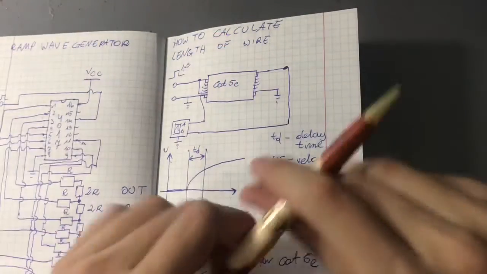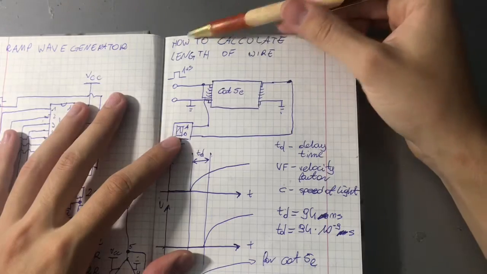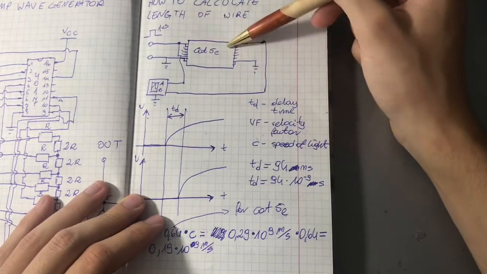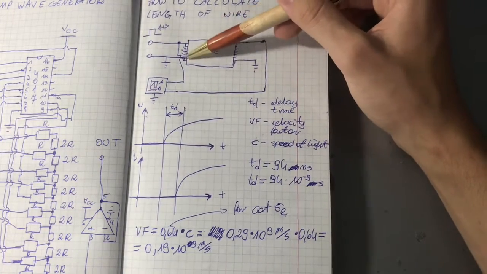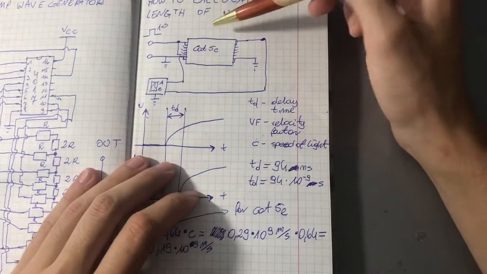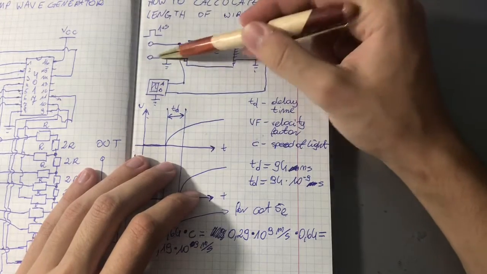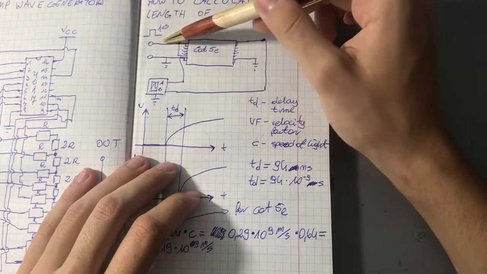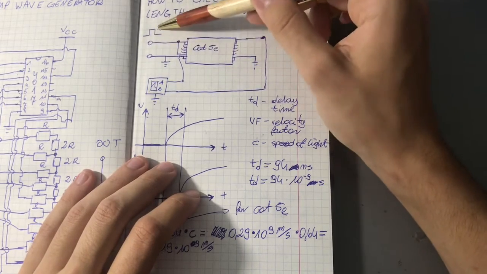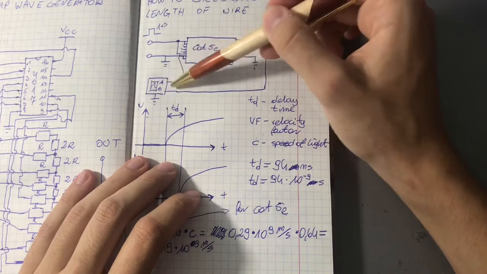Okay, so here's how to calculate the length of the wire. Here we have our Cat5e wire. We have used 2 pairs that were twisted together. On the other side too, we grounded 1 pair, and the other pair is basically with the 1 microsecond pulse. Here we have the oscilloscope.